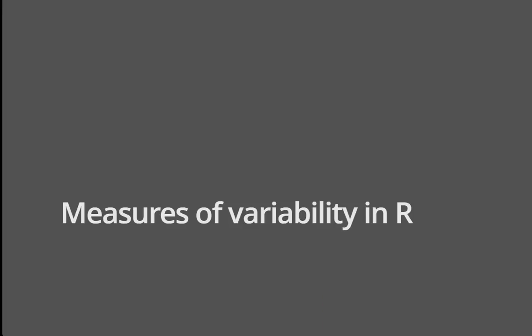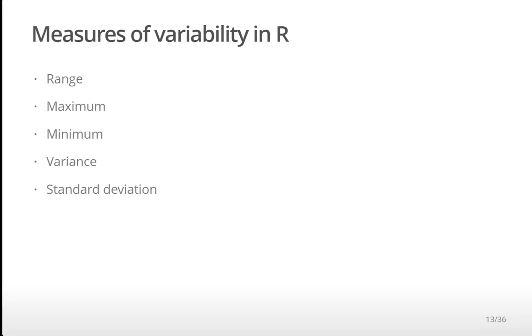Measures of variability in R. The measures of variability that we investigated in the theoretical part of this lecturing session was range, which is the distance between maximum and minimum of data. Alternatively, we can use the maximum and minimum.